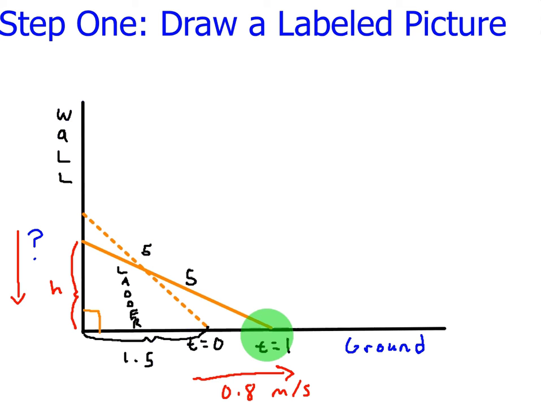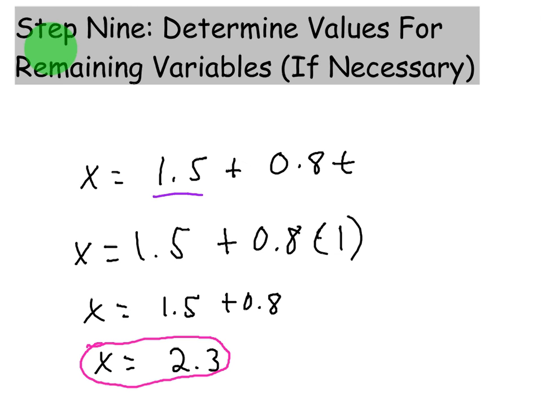However, let's mathematically show that. x equals 1.5 plus 0.8t. So if you wanted to know at time t equals 2, you could plug in 2 here. It'd be 1.5 plus 1.6. But just for 1, it'd be 1.5 plus 0.8, which is 2.3.